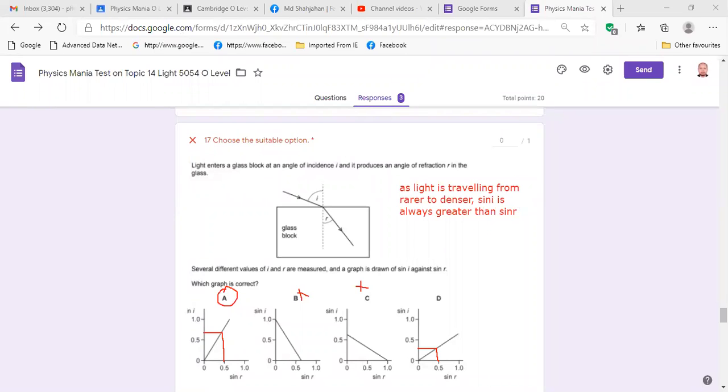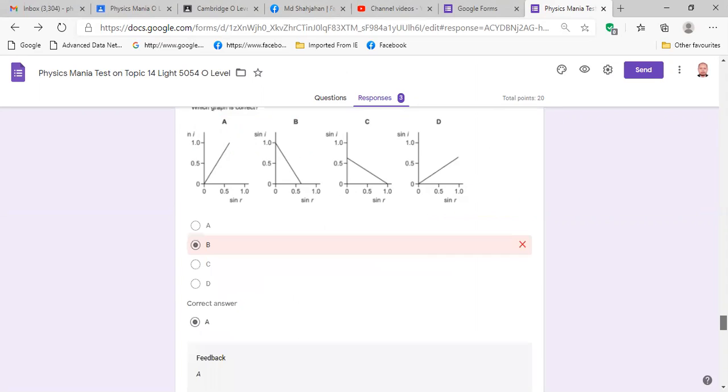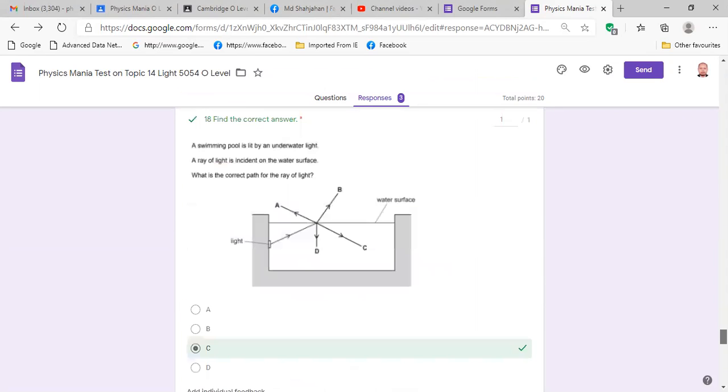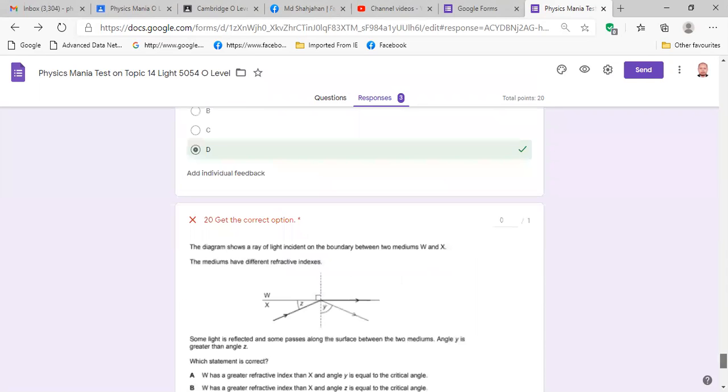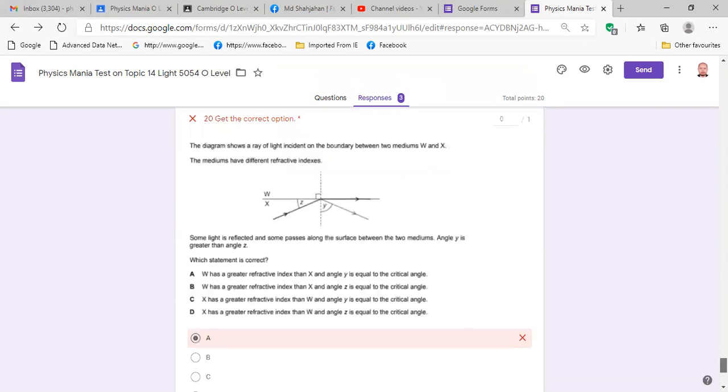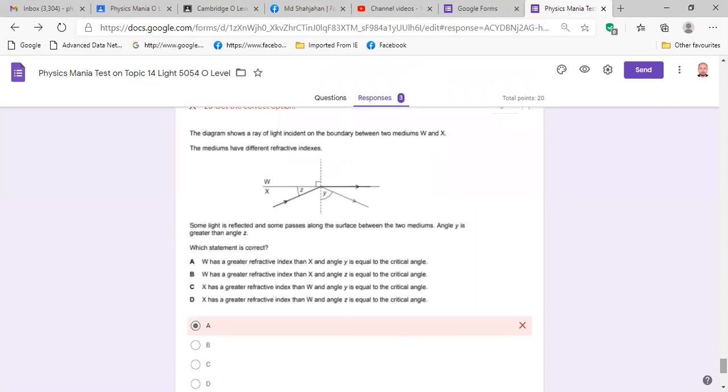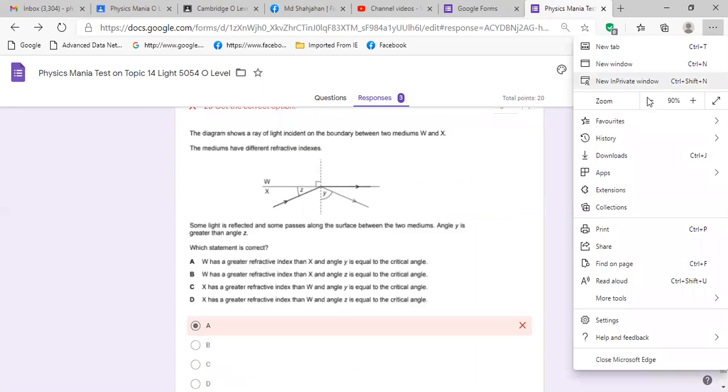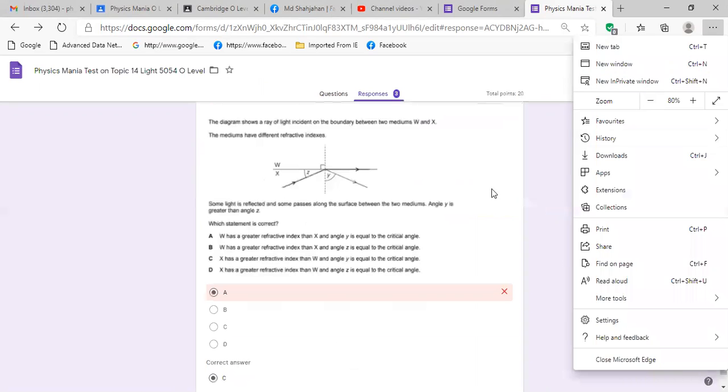Don't worry, you will get yours. I will try again tomorrow morning. Okay, this one is correct. This one is correct. The last one.